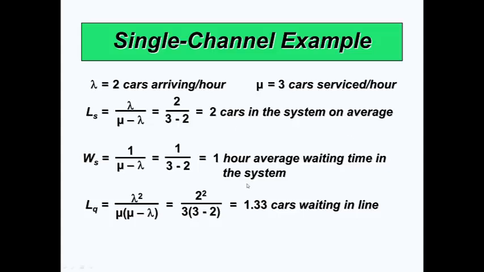If you know that the customers will balk if they see 3 cars waiting in line to be serviced, you have no problem. You have no more than 1.33 cars on average waiting in line. So these are some of the simple inferences you can come up with looking at these operational characteristics.